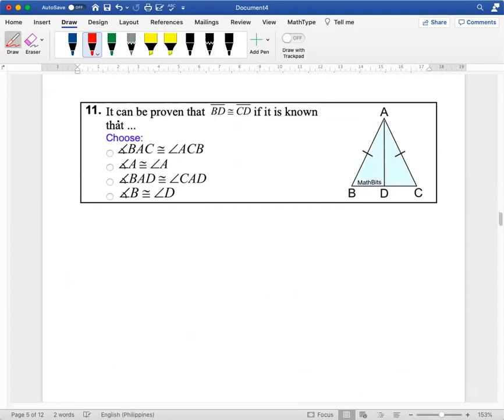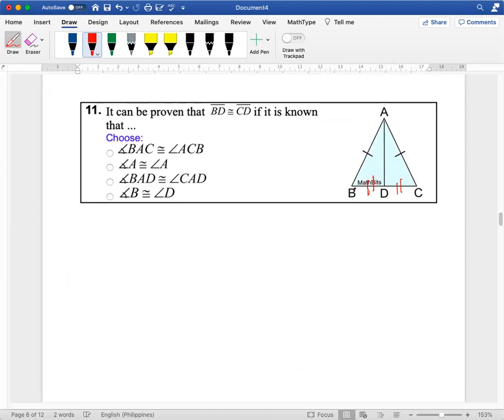Let's identify. It can be proven that BD and BC are congruent if it is known that... we need to identify. How do we do that?